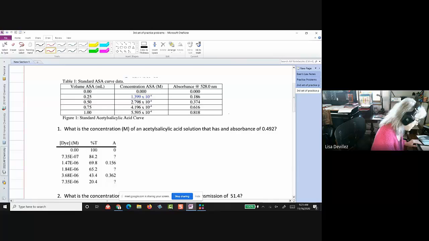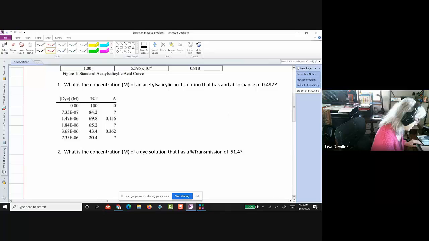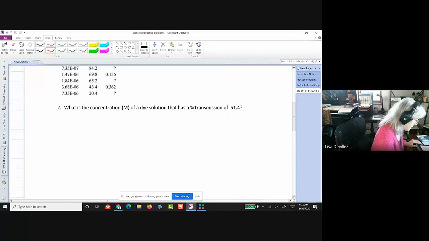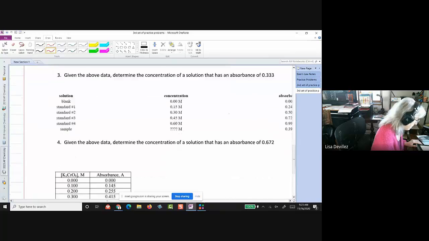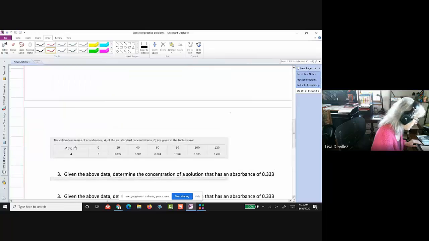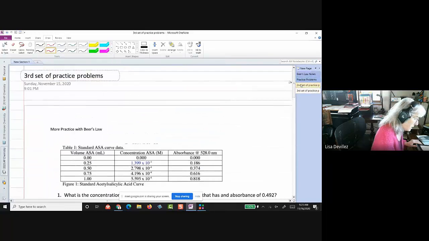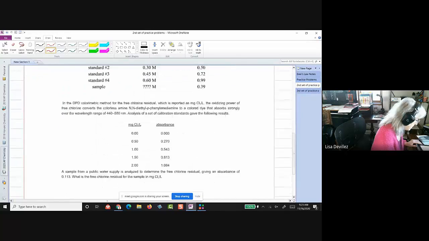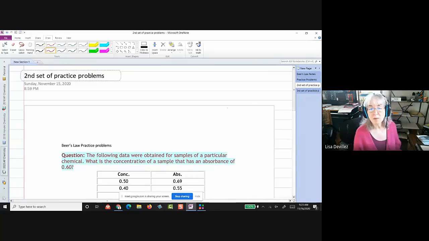They give us the data and ask for a particular unknown, a curve, or percent transmission. They're all pretty straightforward. There are 5 in the third set and 2 in the other, so seven problems for you to do your linear regressions on.